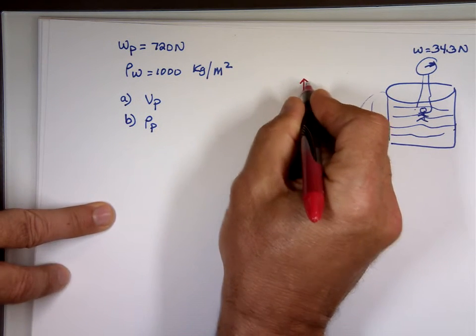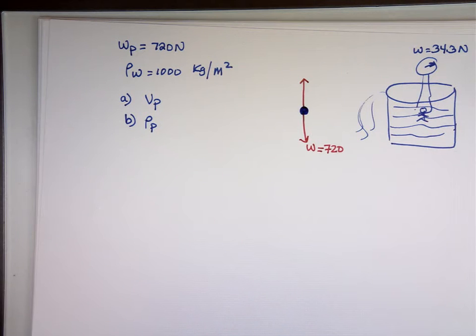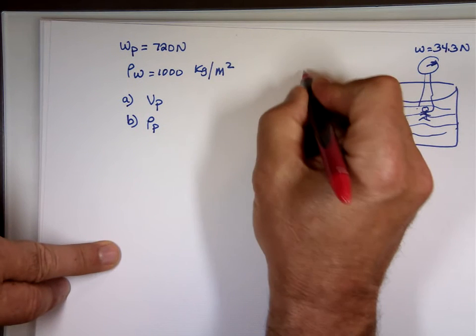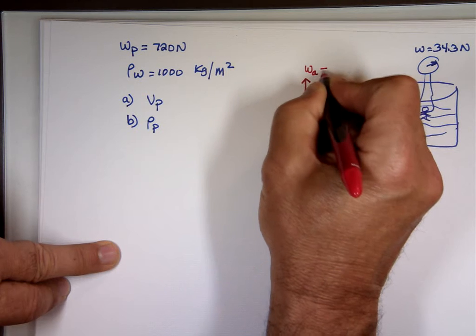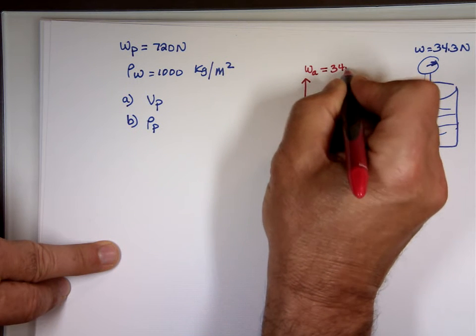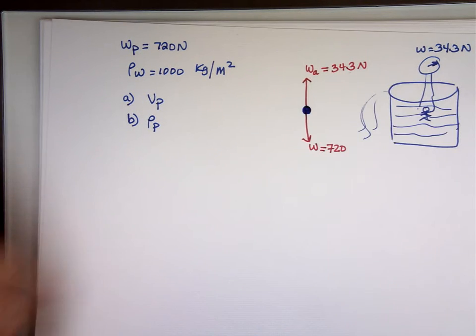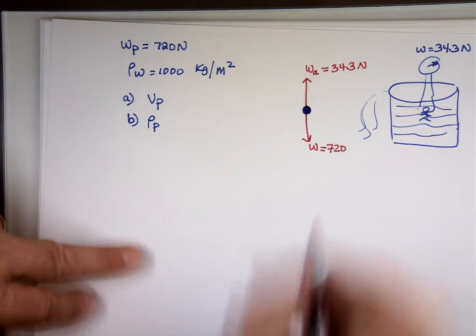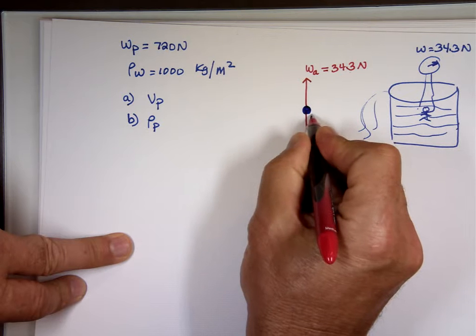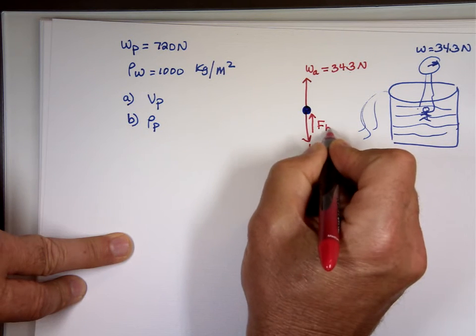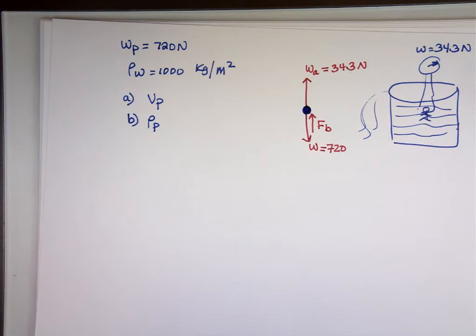Remember we did that in the lab with the elevator? This is the apparent weight, W_A, 34.3 Newton. What else do we have? We have the buoyancy force pushing upward. These are the three forces on you. That's it.